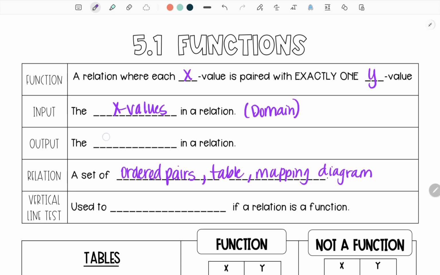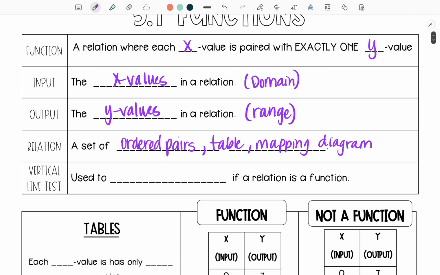And then the output is the y values in the relationship, or the range. And again, you'll hear range more in 9th grade. Then the last little vocabulary word that we're going to talk about is a vertical line test. And a vertical line test is what we use to determine if a relation is a function. Now remember, vertical is up and down.